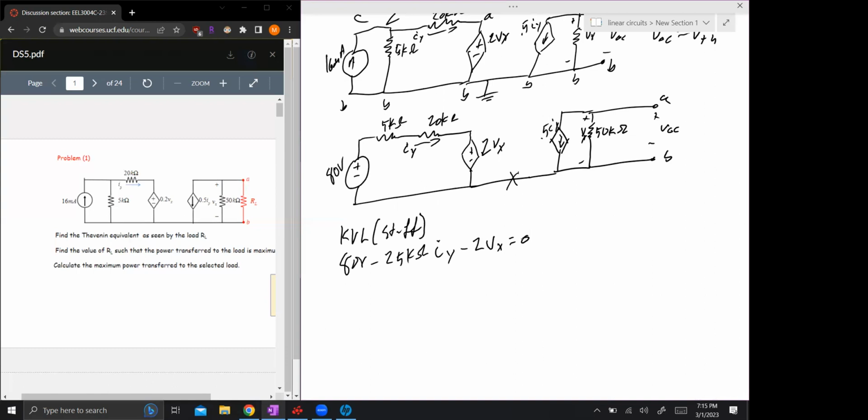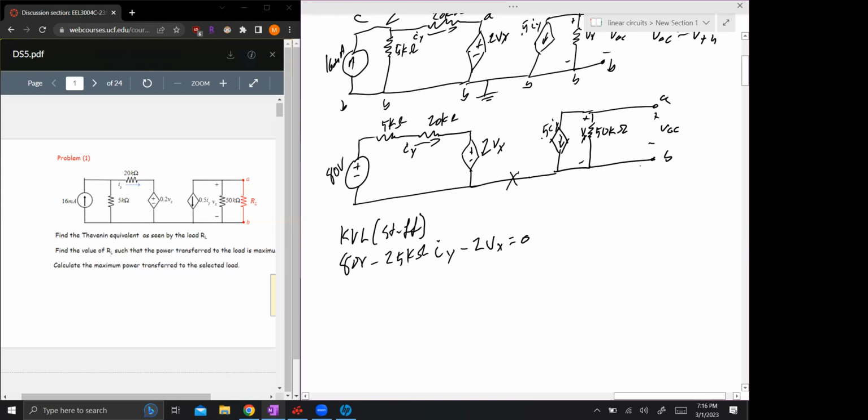And then with this right-hand side, we could KVL like Eric was saying, just this right here, but that's not really going to give us anything new.